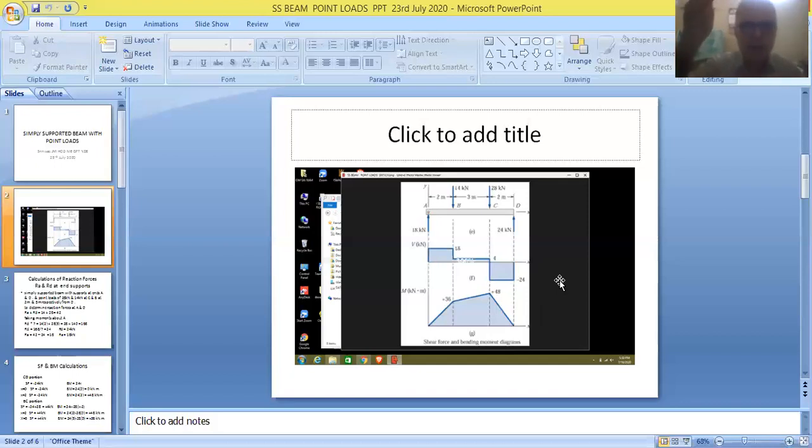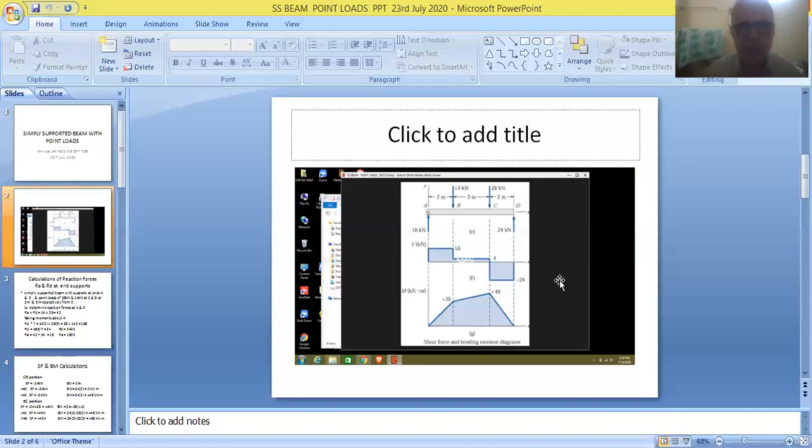So all the forces acting in downward direction must be provided with a positive sign, and all the forces acting in upward direction must be provided with a negative sign. This is the important rule which we are supposed to remember.